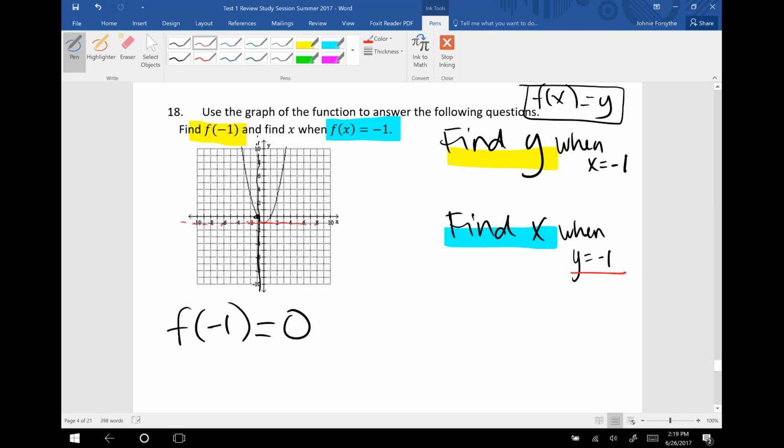When y equals -1, what's my x value? It's actually 0 as well. So this answer would be 0. Okay? Now it's kind of a strange problem, but again, the best way to practice this is to do several examples when you do your test review.